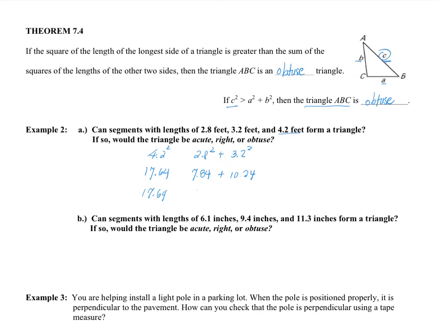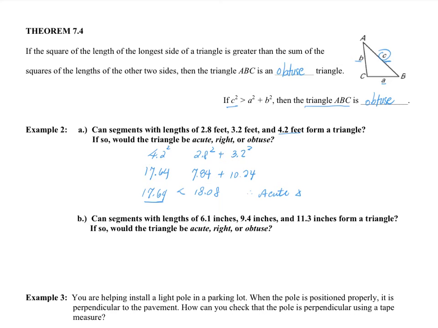And that's going to be 18.08. So then the square of the longest side here is less than the sum of the squares of the two shorter side lengths. So we can conclude that this triangle is an acute triangle.